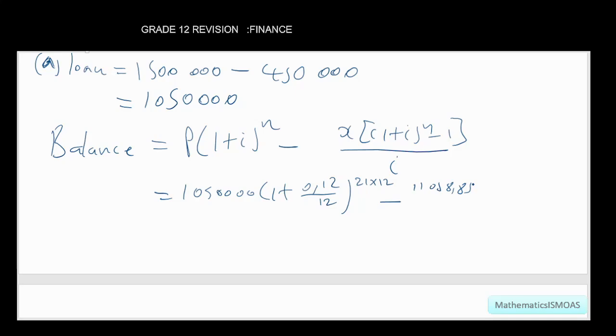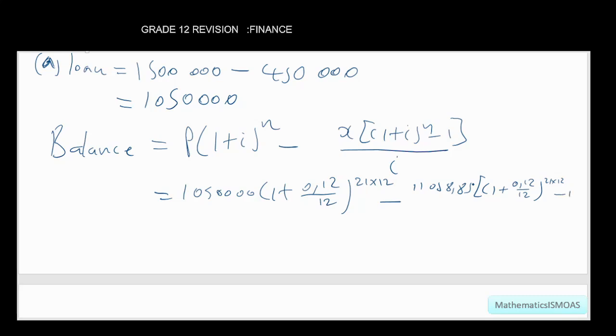Then this multiplied by (1 plus i), still 0.12 divided by 12, to the power n, and then n will be again 21 multiplied by 12, which gives us the number of payments.